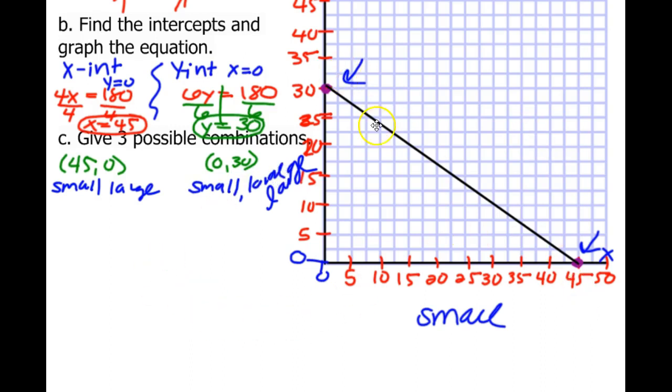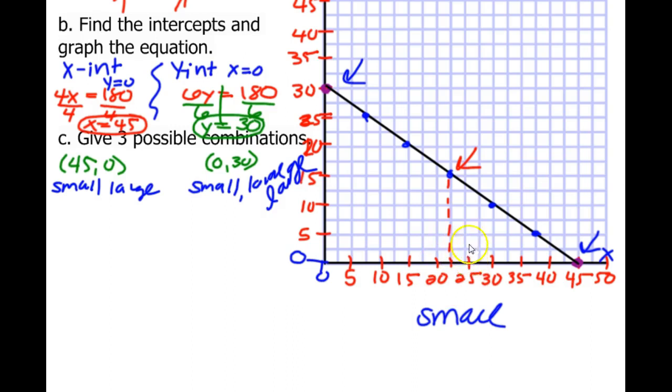But we need another combination of small and large tables that we could use. You can follow your line to find a nice point where it crosses at a nice whole number. I'm just going to highlight a few here that would work well. Maybe that point as well. So it doesn't matter which you choose. If I want to pick this one, this would be about 22, you know, this one is not super nice.